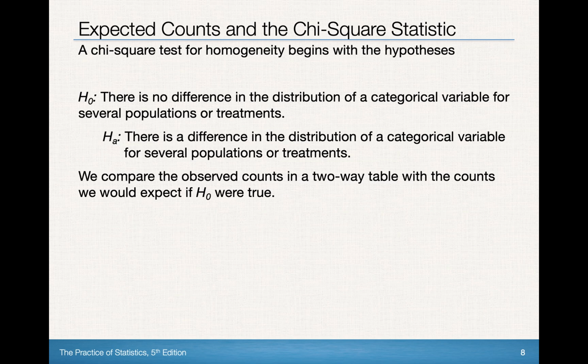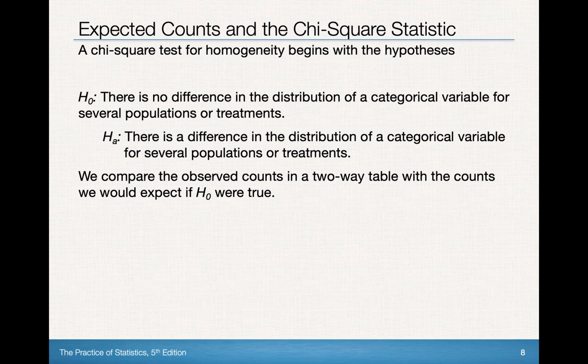So our null hypothesis is always that there's no difference. We're assuming that music, in this case, is not affecting the type of entree that we are choosing. So the null hypothesis in general is that there's no difference in the distribution of a categorical variable for several populations or treatments. In our case, there is no difference in the distribution of entree chosen for all the different types of music being played in the background.